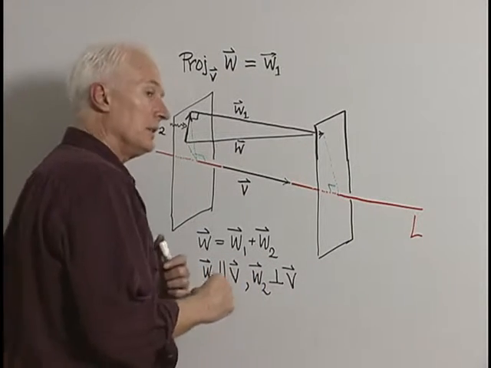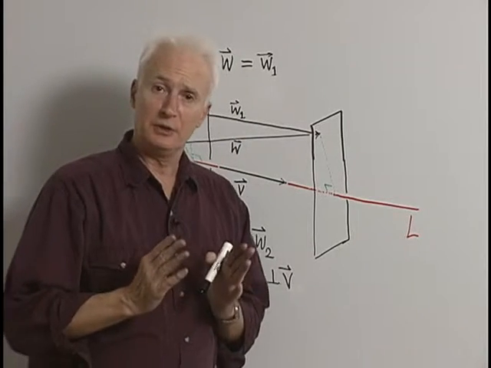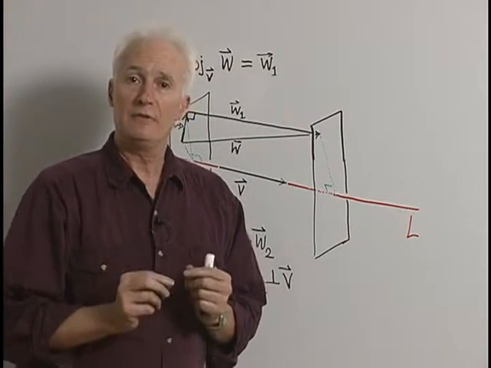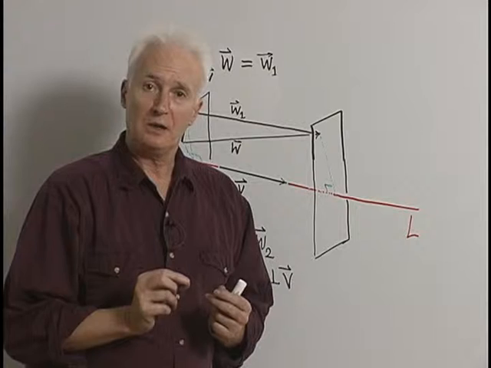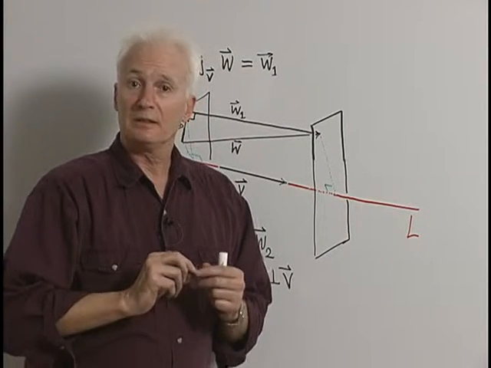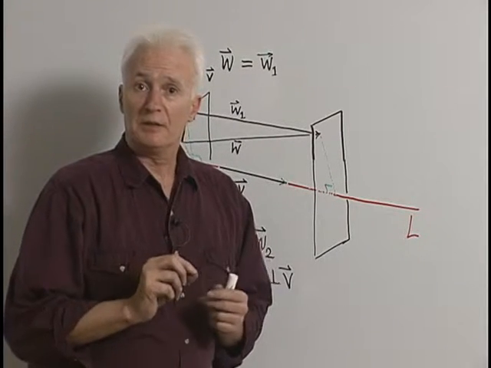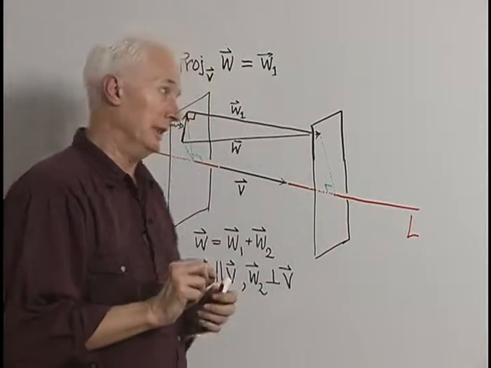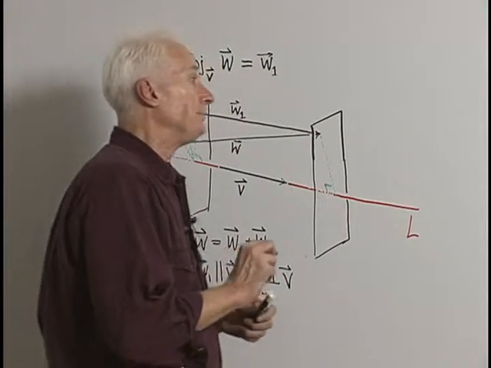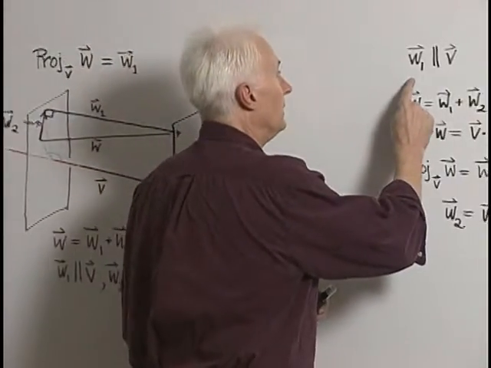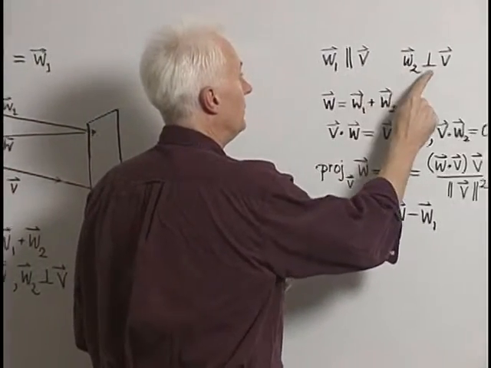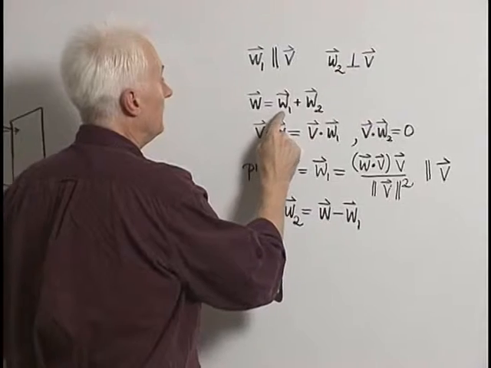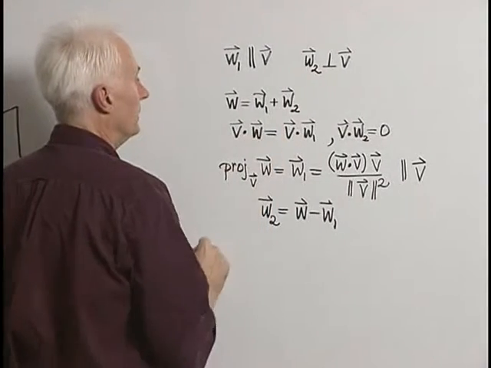So what I've done here is I've broken the vector w up as a sum of two vectors, one of which is parallel to v, or parallel to the line through v. The other is perpendicular to the line through v, and therefore perpendicular to v. What does this mean? Well, w1 parallel to v, w2 perpendicular to v, and w equals w1 plus w2.